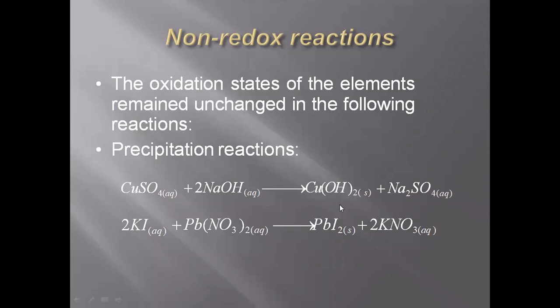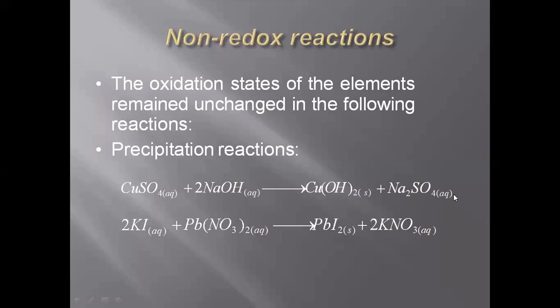So in the same oxidation state, there will be no change, but how will you come to know that this is a precipitation reaction? Because at the end of the reaction you will see an arrow, an inverted arrow towards the downward direction. That arrow shows the precipitation reaction.